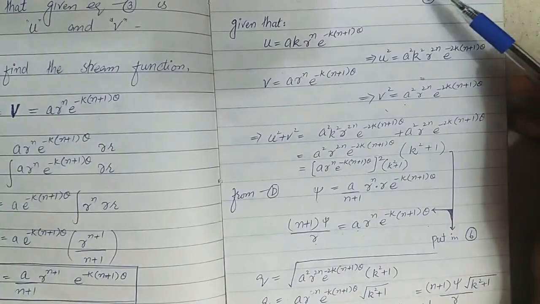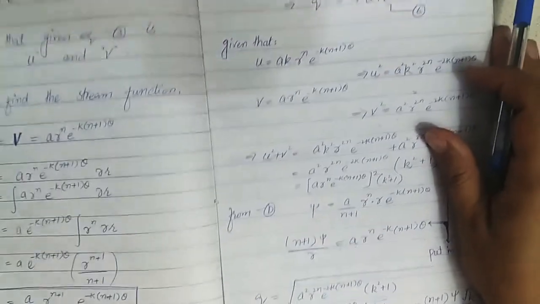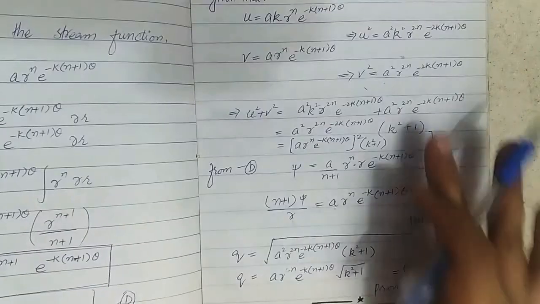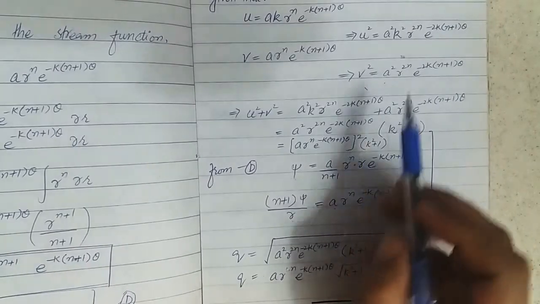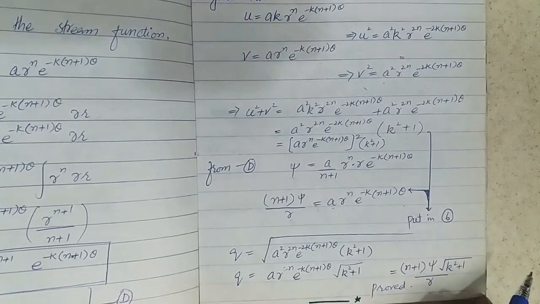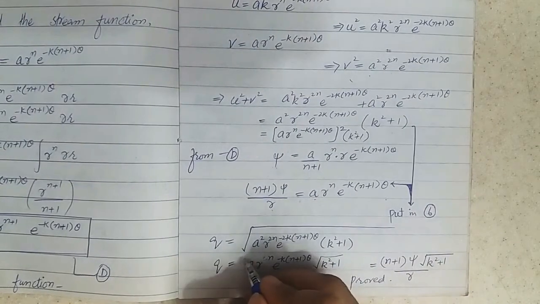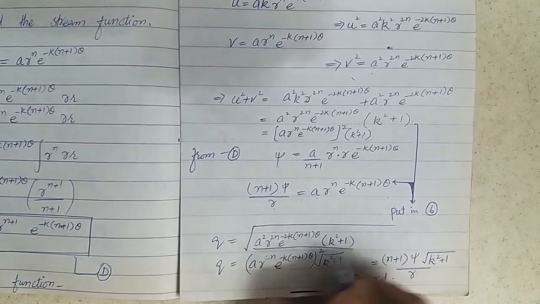And here, putting this value into equation 6, that is q is equal to square root of u square plus v square, we will get that the square of this term will cancel with the square root. Only the square root will be involved for k square plus 1, because this function is a square and this is a square root.